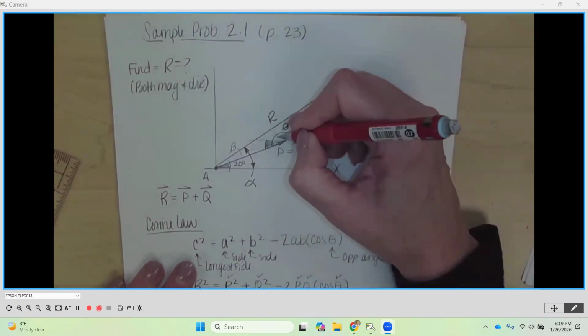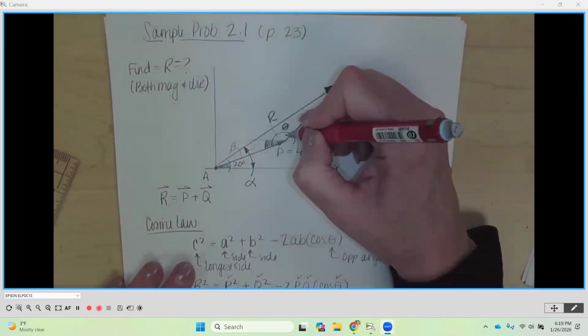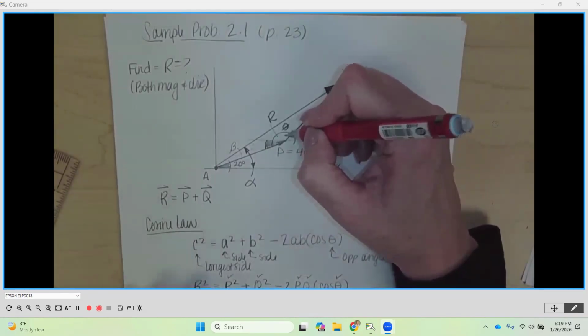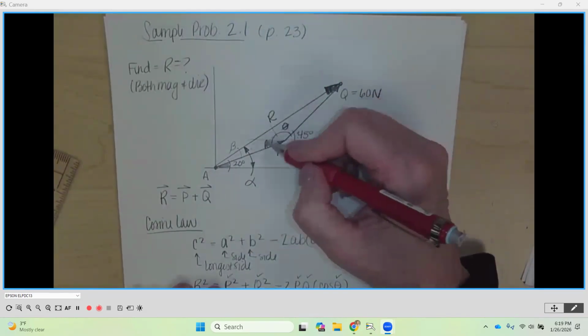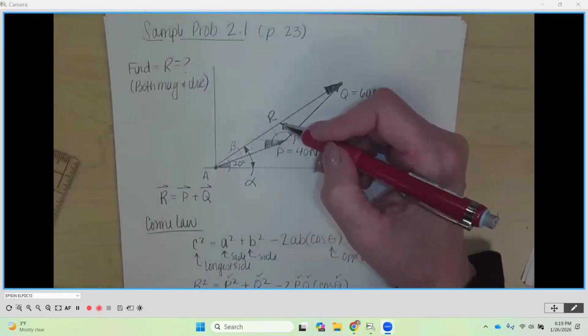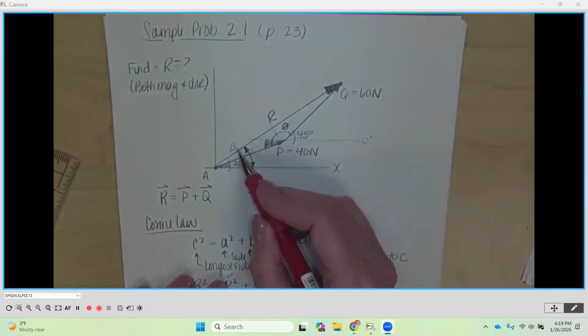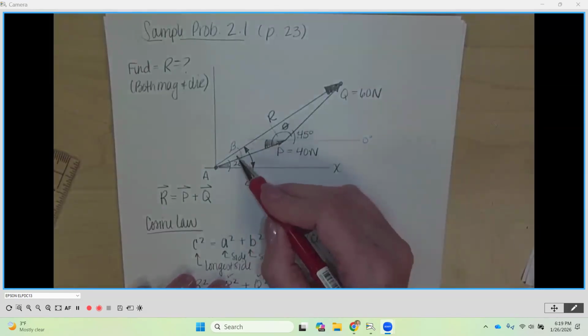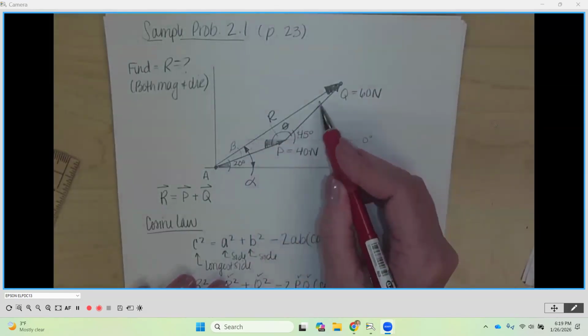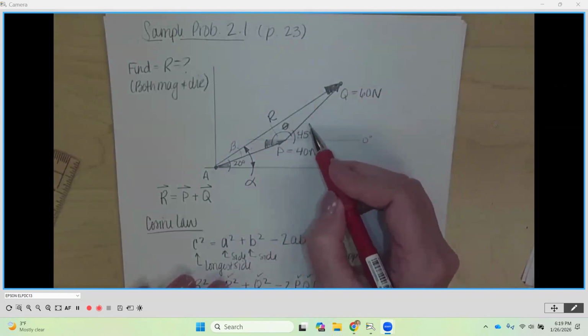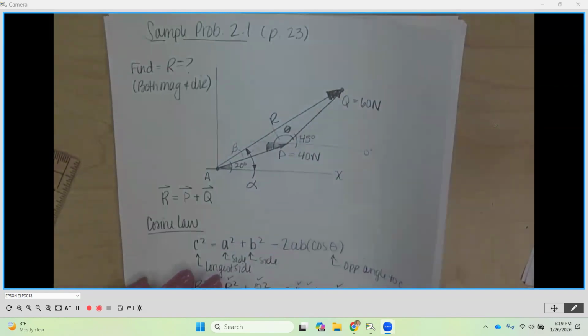So we know this one, right? We know the angle, we could say the sine of theta, 155, over the length of our resultant, right? It's going to be equal to the sine of beta over what's its opposite side? Q, right? So let me turn the page here.